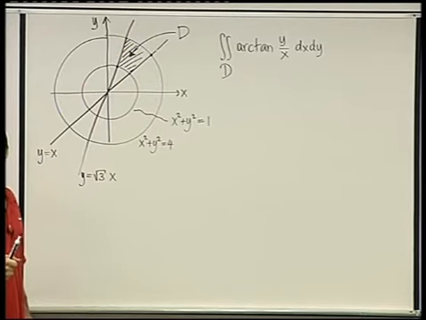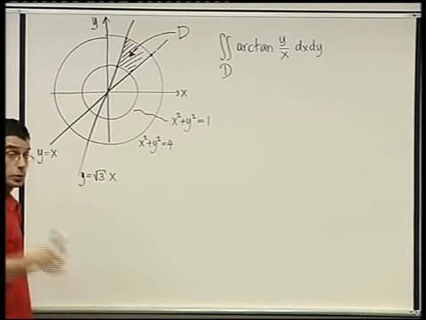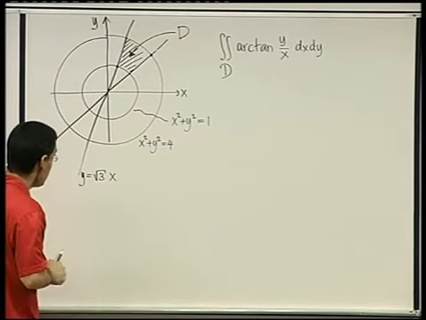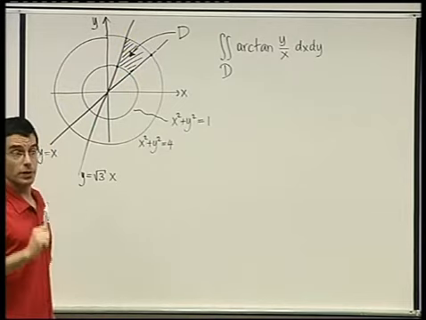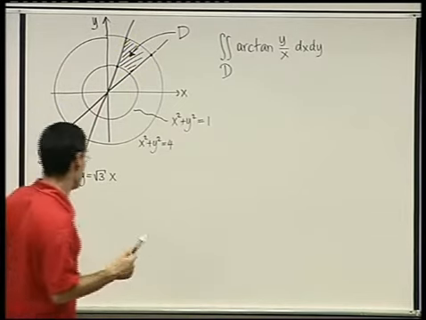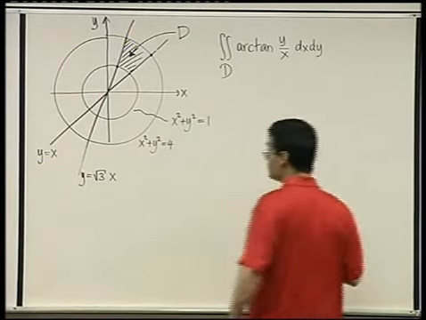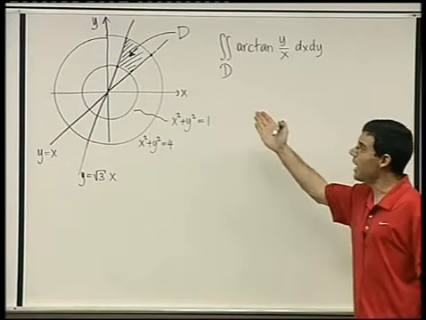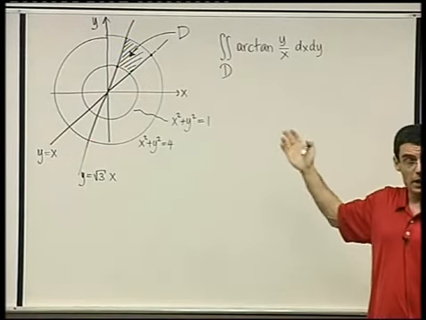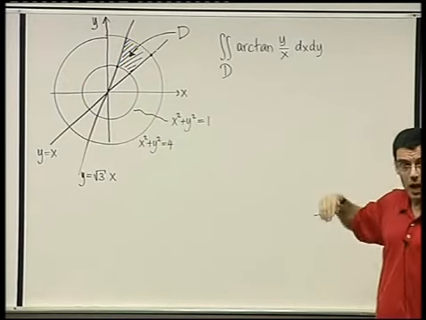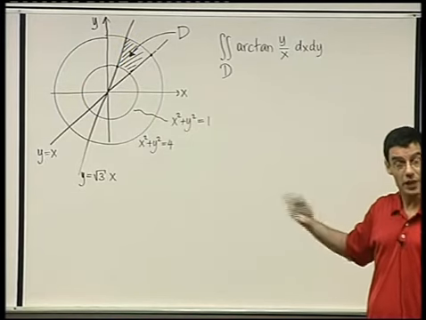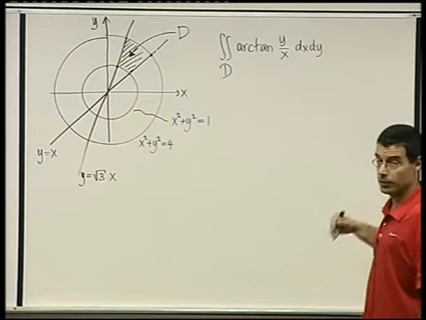Can we do it differently? Yes, we can. Solution B. Solution B is going to be, let's do a change of variables. So what kind of change of variables do I want to do? I want to express this domain D instead of in x and y, in some variables u and v. And in fact, in this example, they're not going to be u and v.